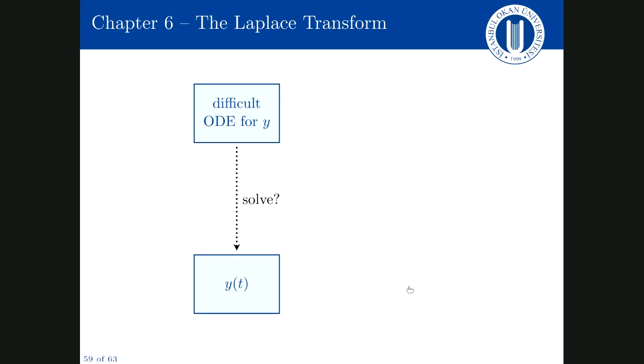The idea is, let's suppose we're starting with a difficult differential equation, and we want to solve this to find the function small y. But let's suppose we can't do this directly. What we can do is use the Laplace transform to change our difficult equation into an easy equation.